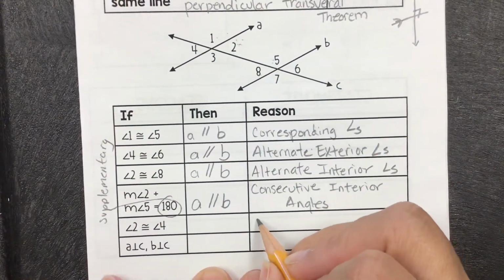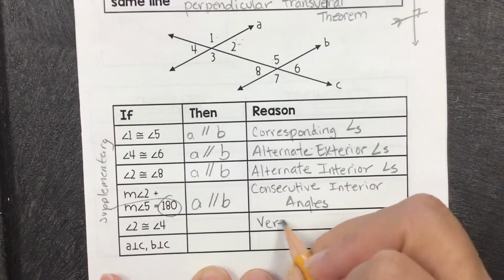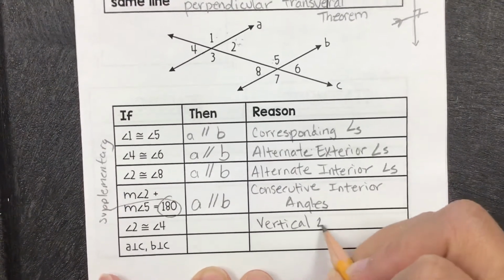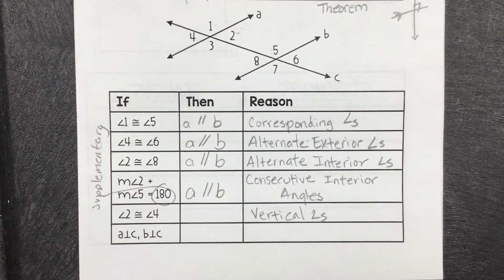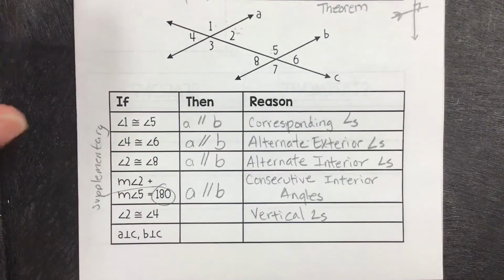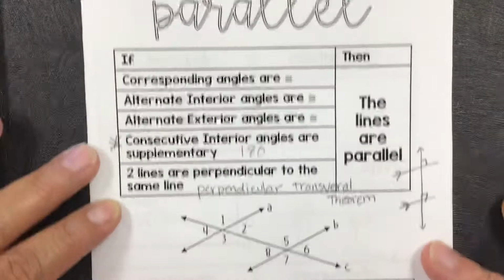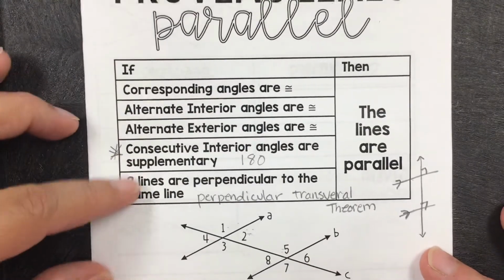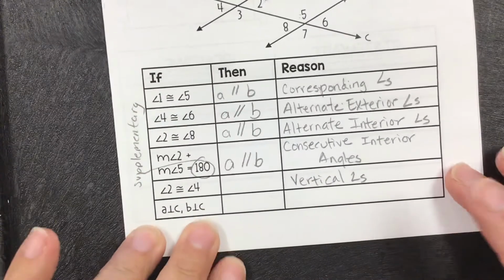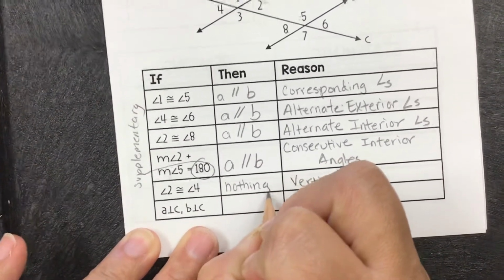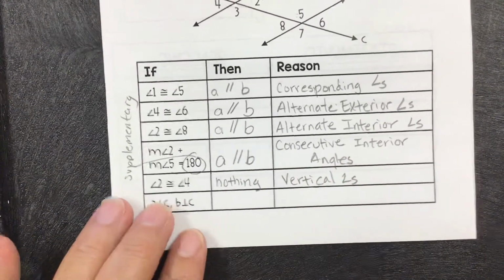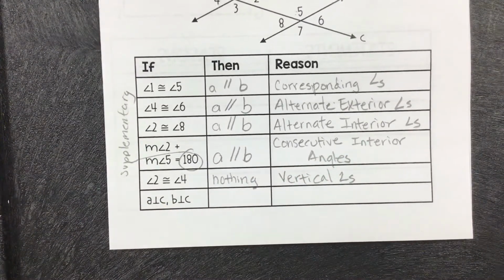Those are vertical angles. Let's go back to our list. Is vertical angles anywhere on here? No. So because they're not on there, we know that this tells us nothing. It's not enough to prove anything that vertical angles are congruent.